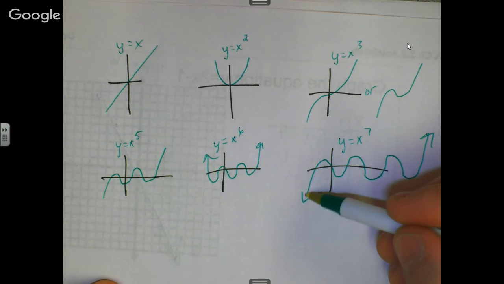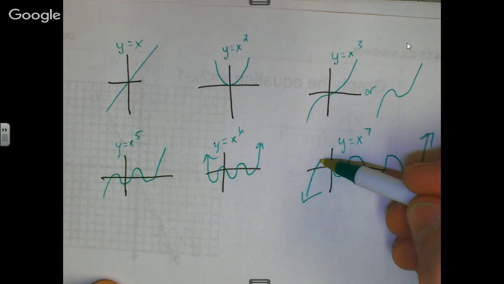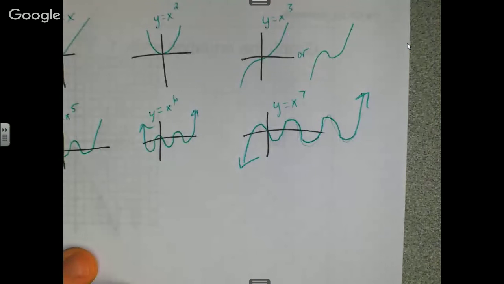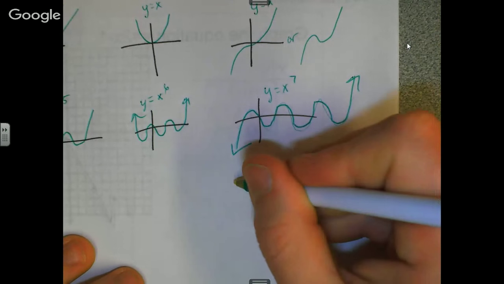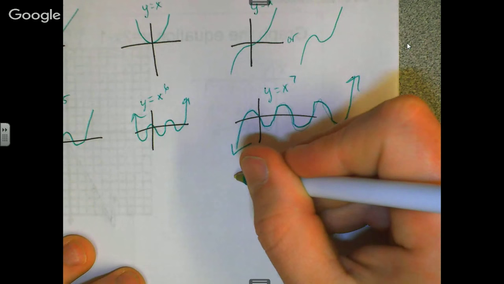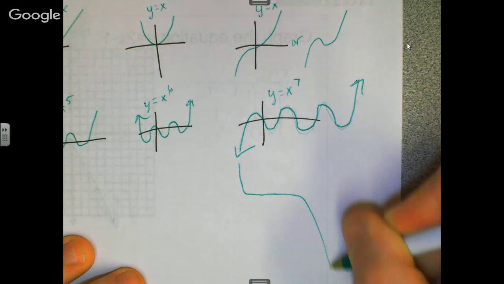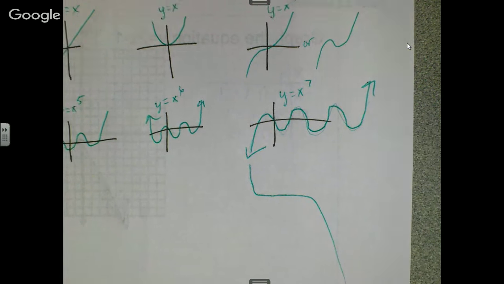And it doesn't have to have all these humps. An x to the seventh could look like this. It could look something like that on your calculator there.